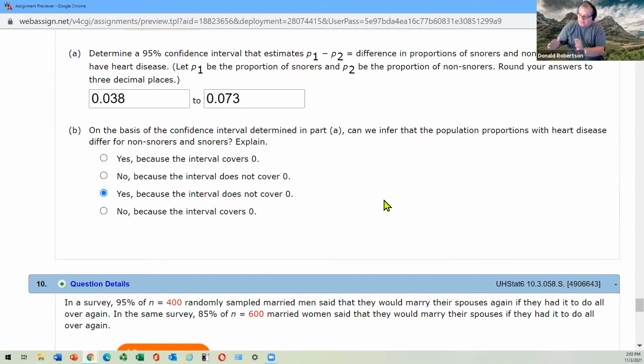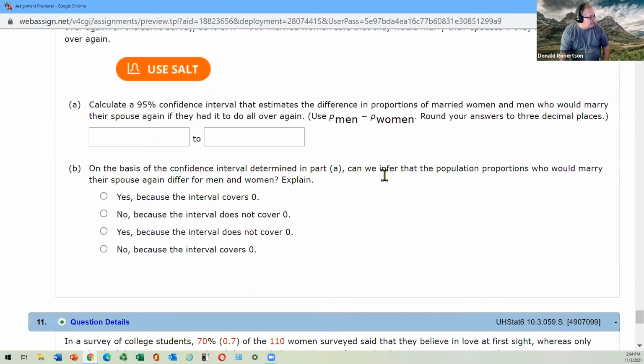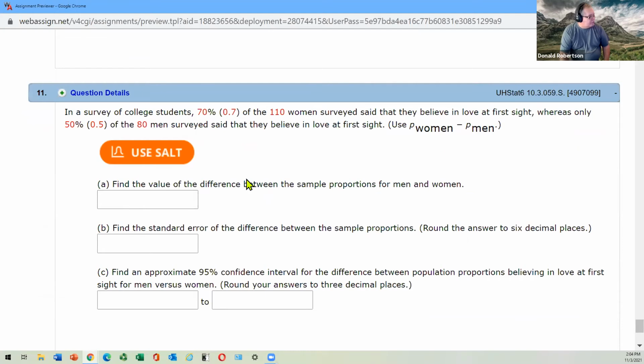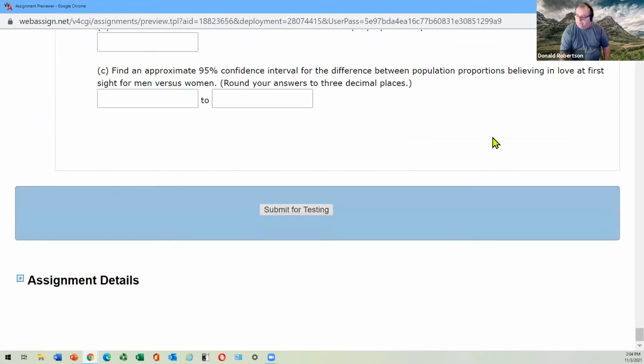Would you agree all those numbers are positive? If it covered 0, it would mean 0 would be in the interval. I would have phrased that question differently. Would you agree there's enough evidence to prove that snorers have a higher heart issue rate than non-snorers? Right? Because the difference is positive. First one bigger than second. And there's another one, men and women. And here's another one, men and women again.